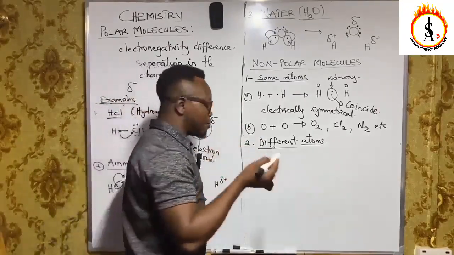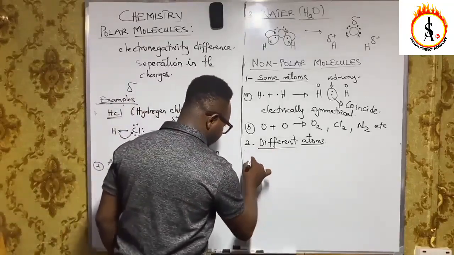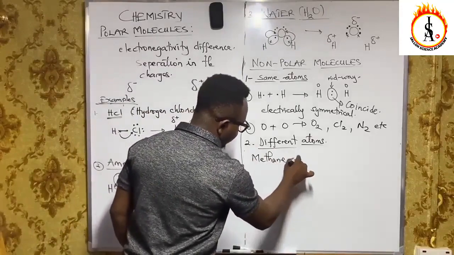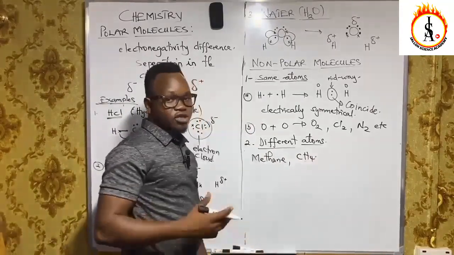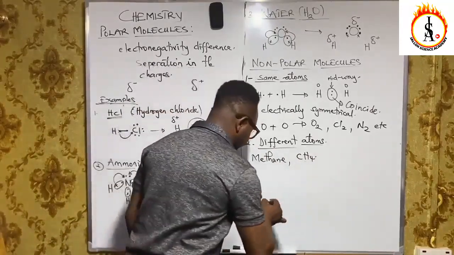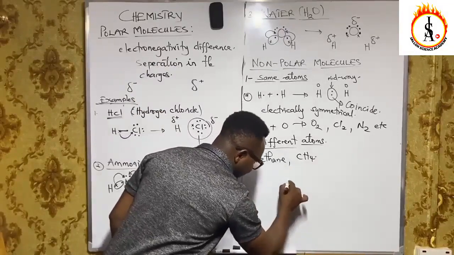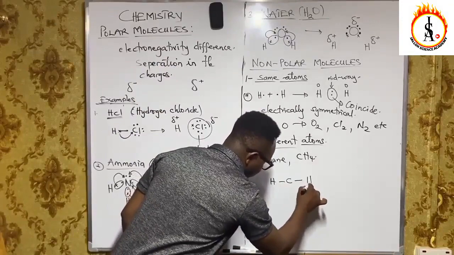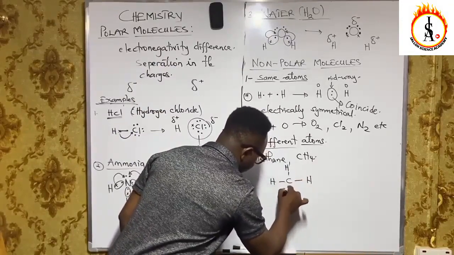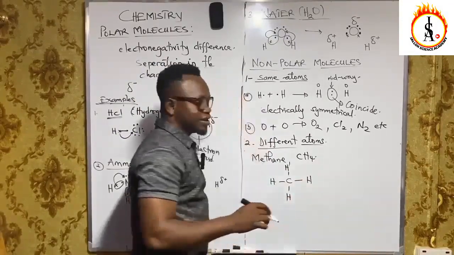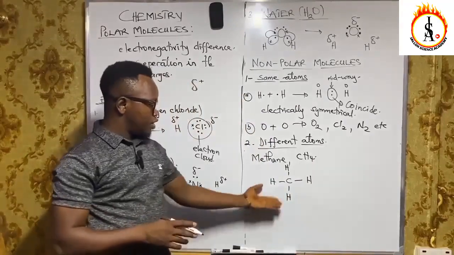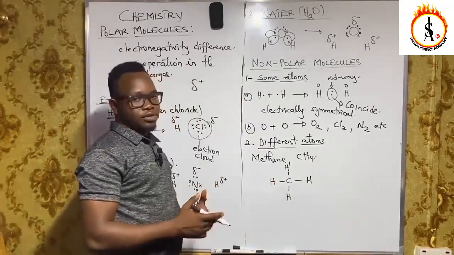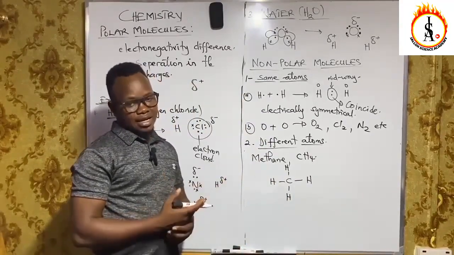A typical example we can look at is methane, CH4, the first member of the alkanes. Though what I'm going to draw is not the correct shape. If we look at methane this way, carbon is slightly more electronegative than hydrogen.